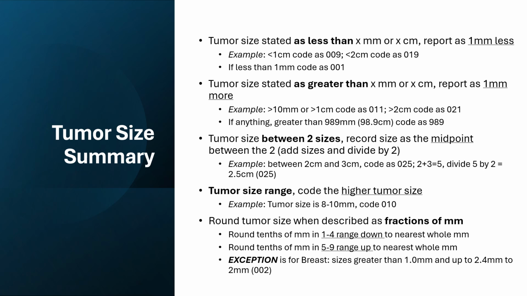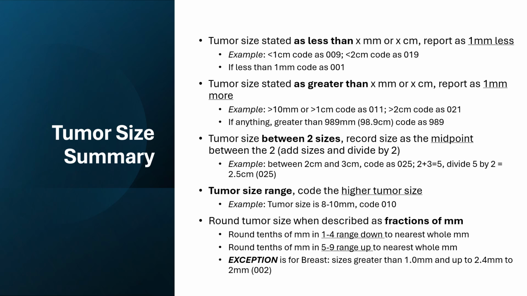We round the tenths of millimeters in the 1 to 4 range down to the nearest whole millimeter. And for those that are in the 5 to 9 range, we round up to the nearest whole millimeter. The exception here for rounding is for breast sites. Sizes greater than 1 millimeter and up to 2.4 millimeters, we code to 2 millimeters, 002.